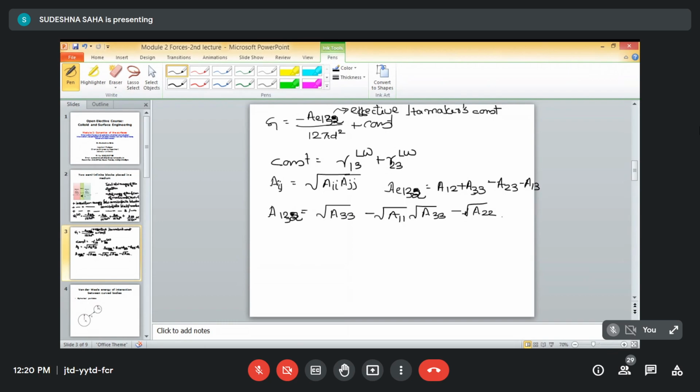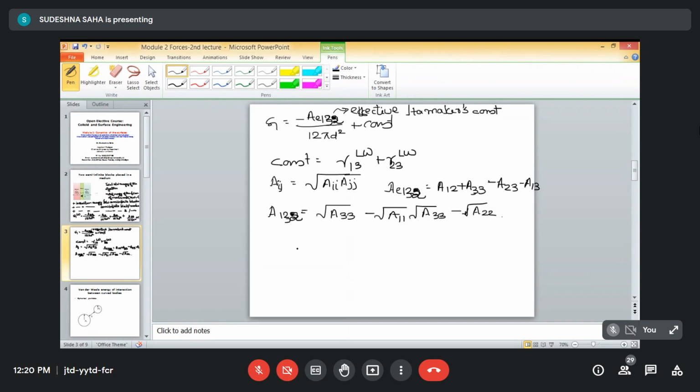Now, from this equation, you can understand that if A33 has a value intermediate between A11 and A22, then those two semi-infinite blocks will repel each other in the presence of medium 3.